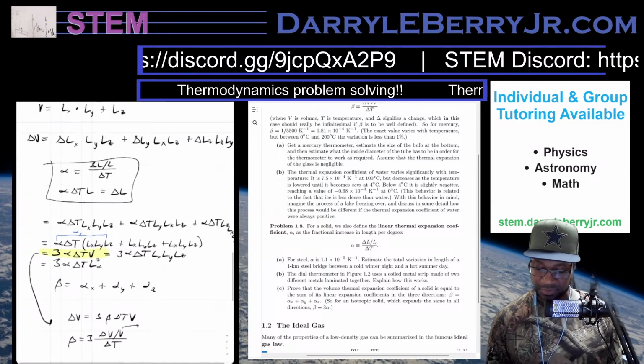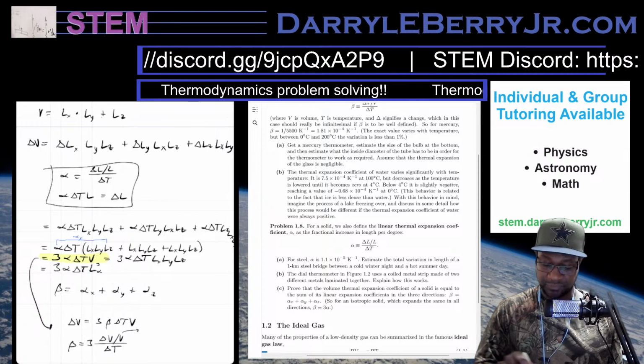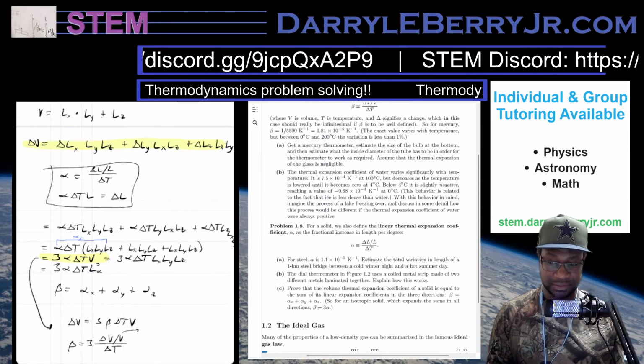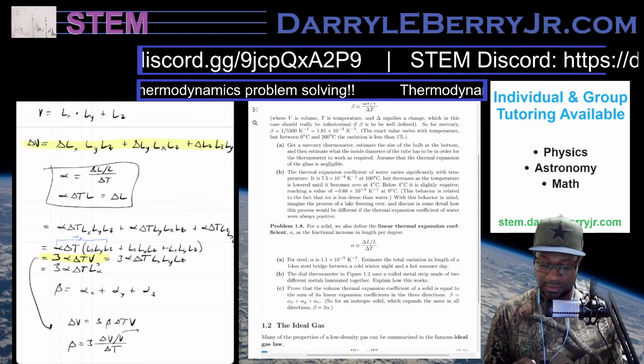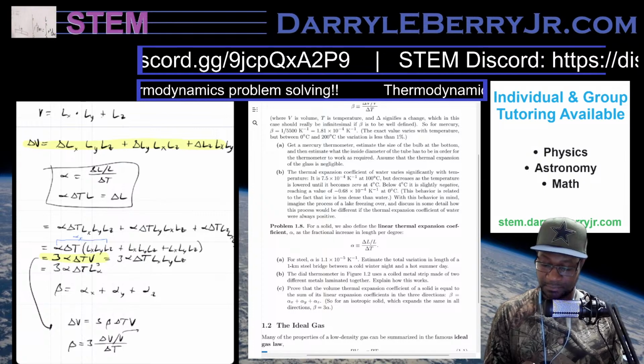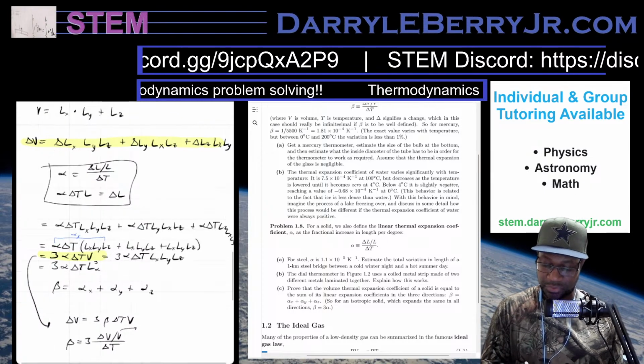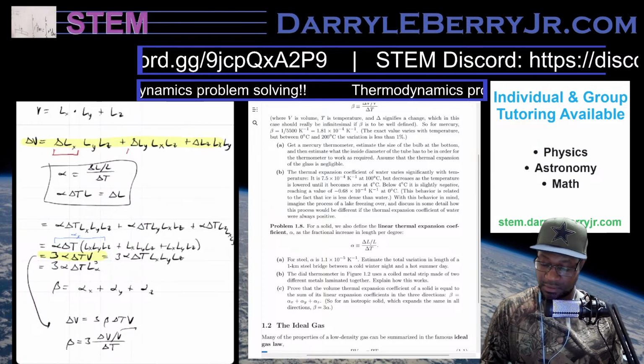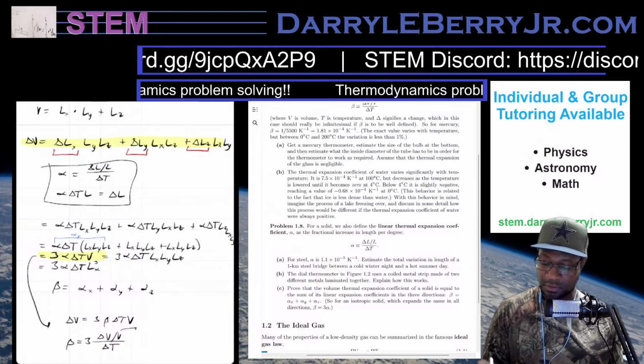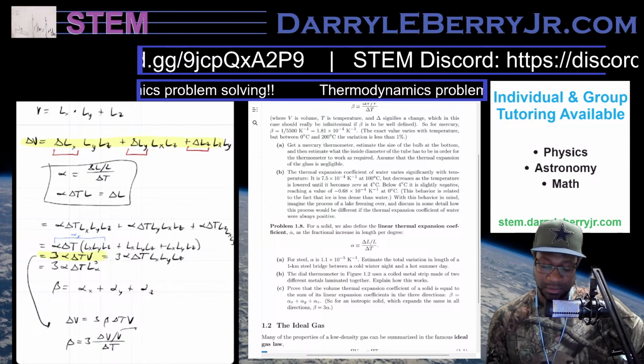The trick here with this one is I was never really good at proofs, that's why I gave up math as a major. So basically, writing each axis in terms of the change in that length.